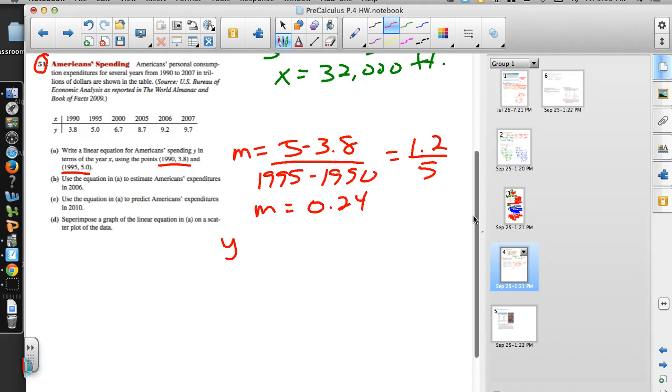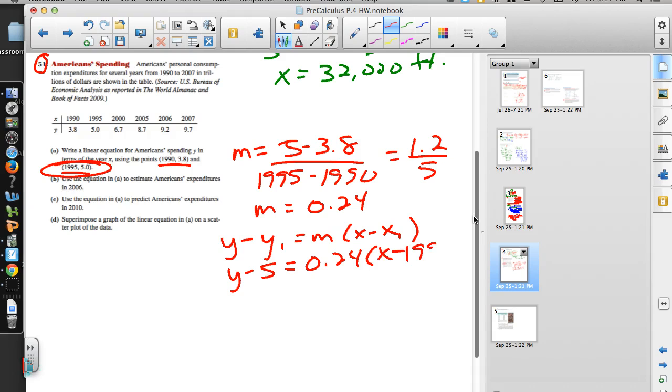Now, we're going to go ahead and use the point slope formula, and we just have to pick one of these 2 points, and I'm definitely going to pick the one that has the 5.0 and have a little nicer number there. So y minus 5 equals 0.24 times x minus 1995.